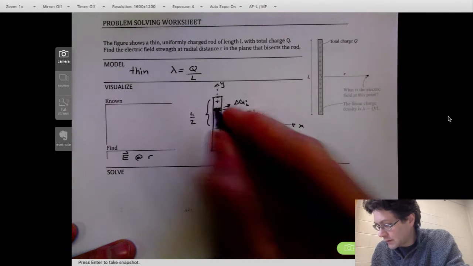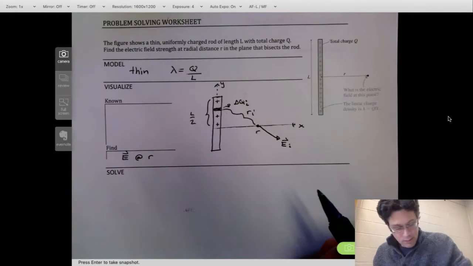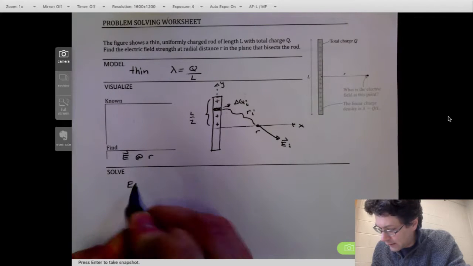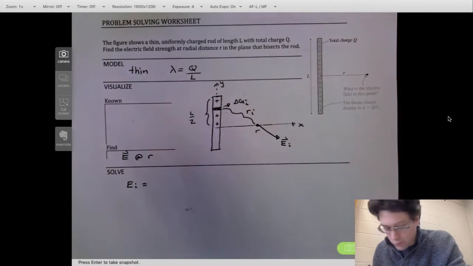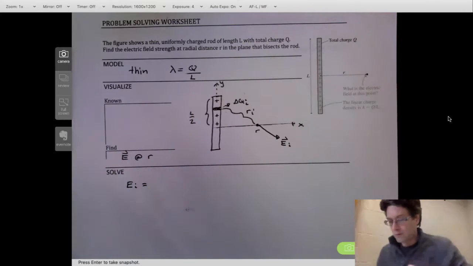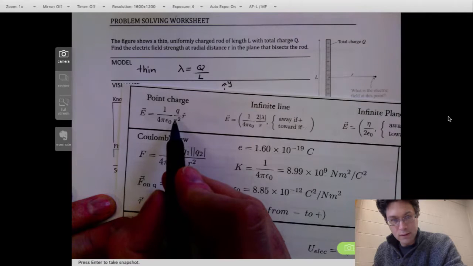So I can just use Coulomb's law to find this electric field here. All right, so let's do that. First the magnitude of Ei from this little charge, I can just use Coulomb's law. I can go to my formula sheet, see if it's a point charge, that's the electric field.